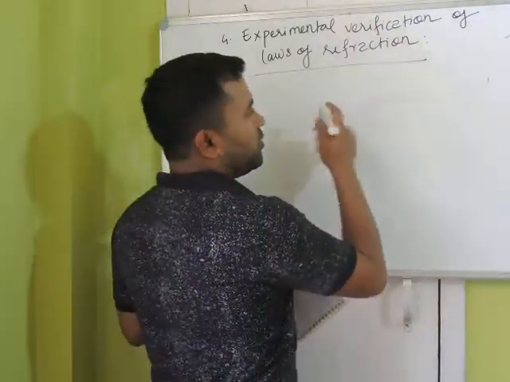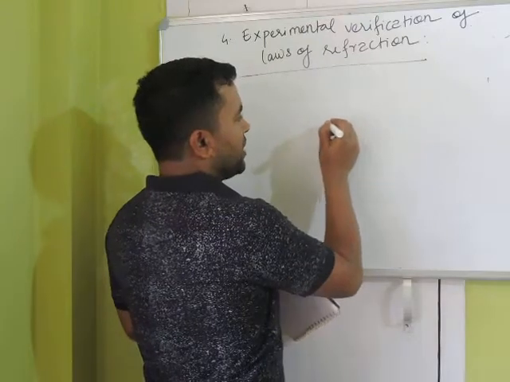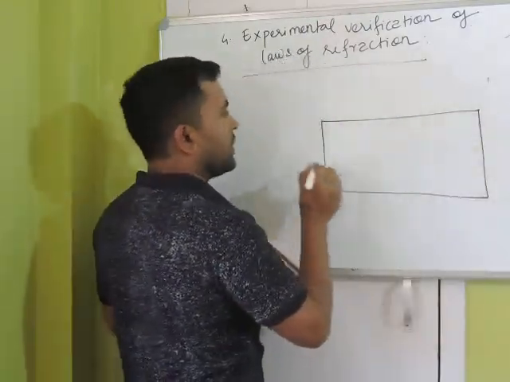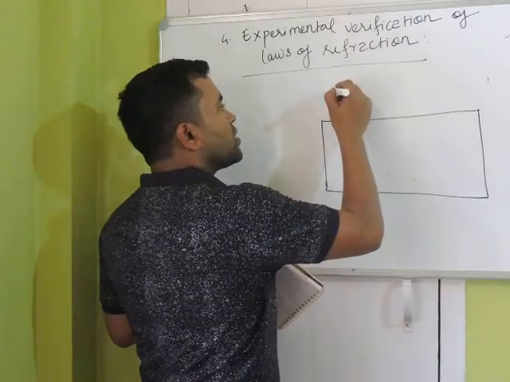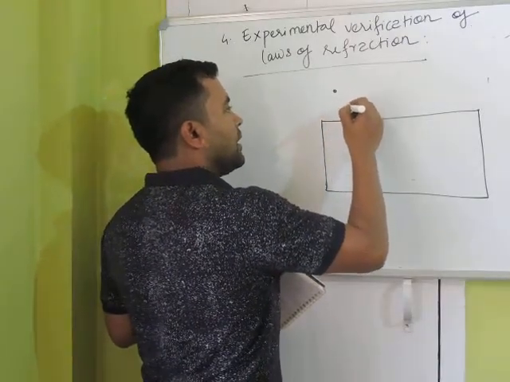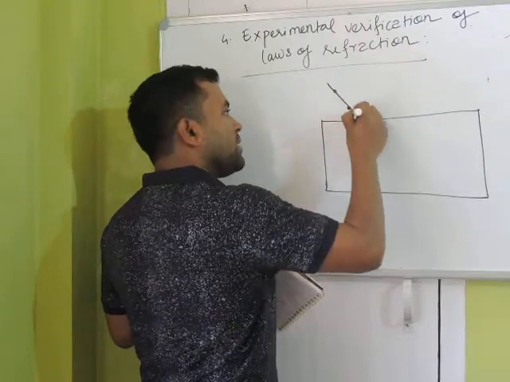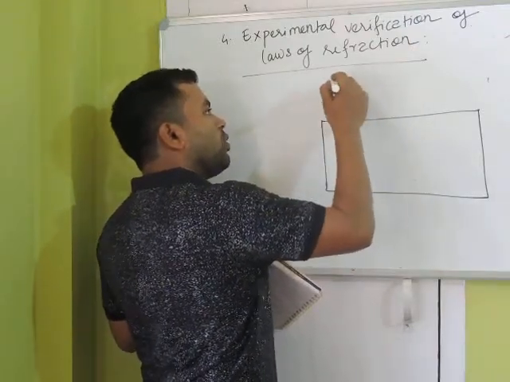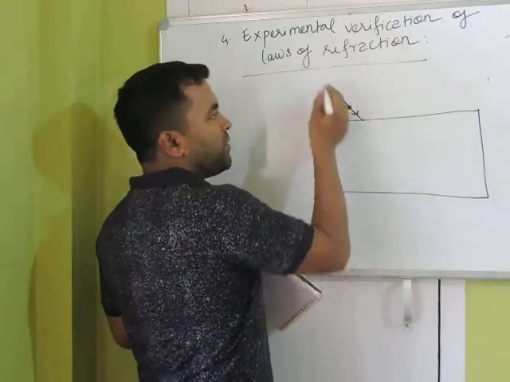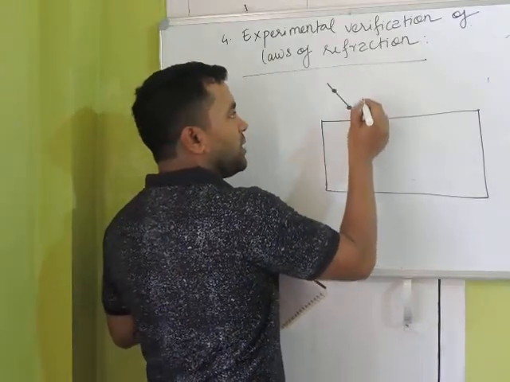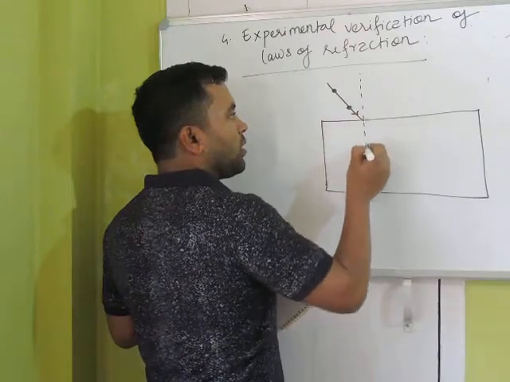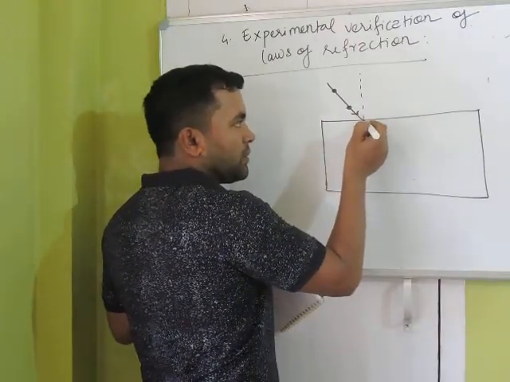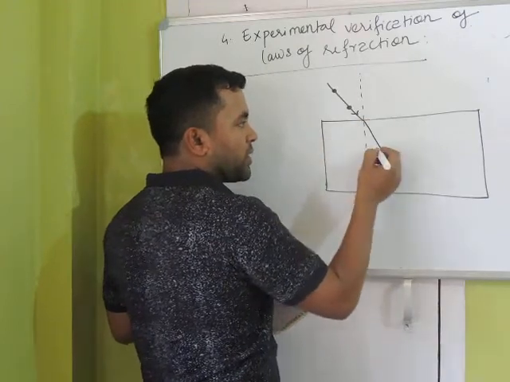So how to proceed in this experiment? You will take a glass slab and you will fix 2 pins like this. This is one pin, this is another pin. So this is my incident ray. You will draw a normal here, and then the angle of refraction.